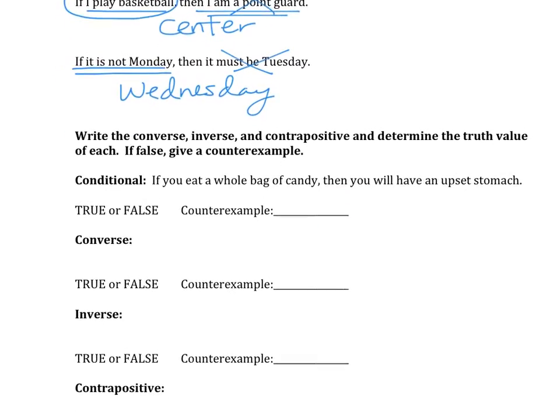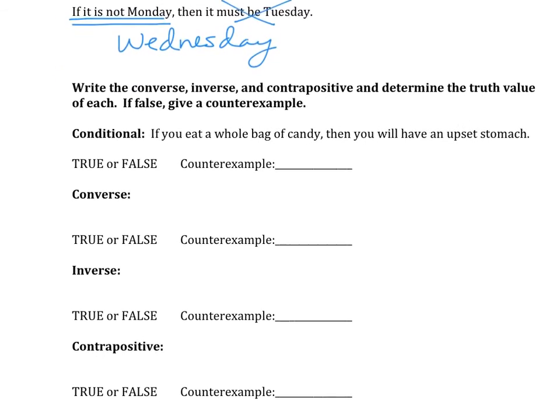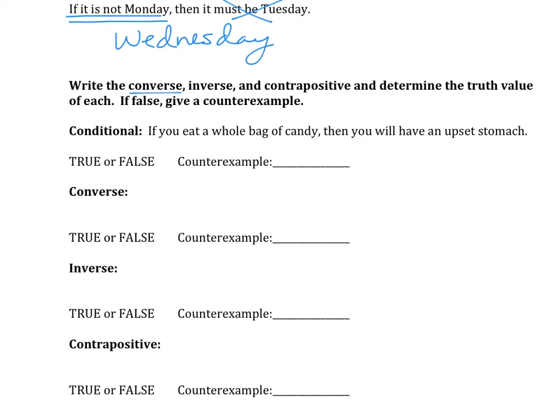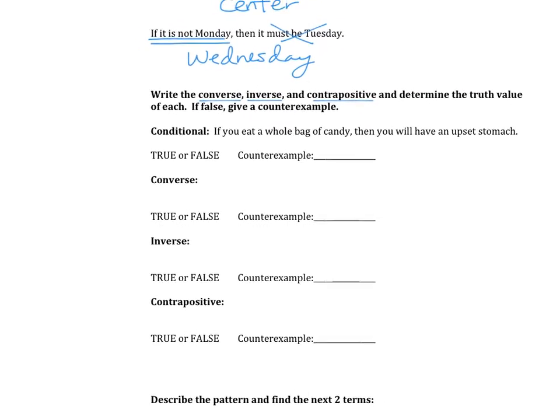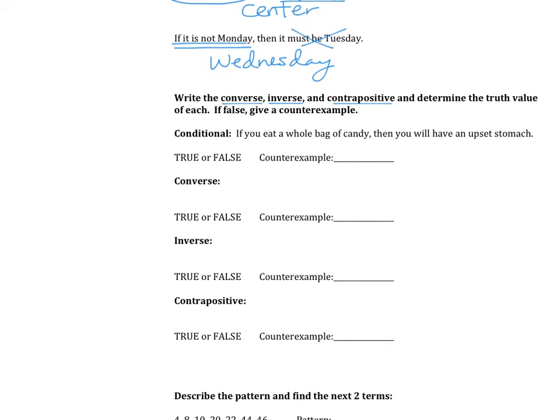Then we get to these guys, converse, inverse, and contrapositive. So I'm going to give you a conditional statement, an if-then. And then we're going to write the three different converse, inverse, contrapositive from that. One thing to keep in mind, and I'll just write this on the side over here real quick. The conditional statement is always if P, then Q. Okay, that's your conditional.